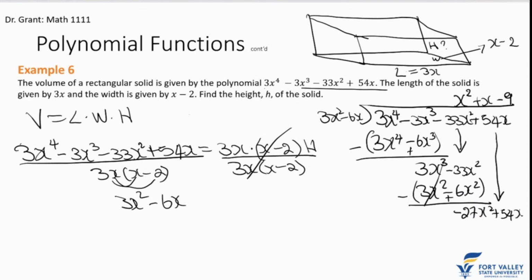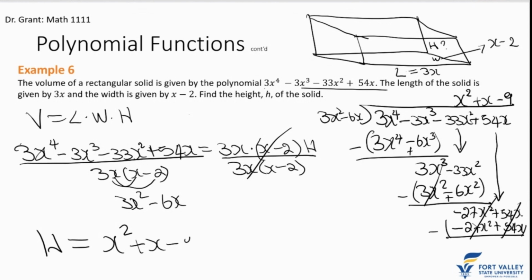Negative 9 times 3x squared is going to be negative 27x squared. And negative 9 times negative 6x is going to be positive 54x. So these will both cancel. So that means my height is equal to x squared plus x minus 9.